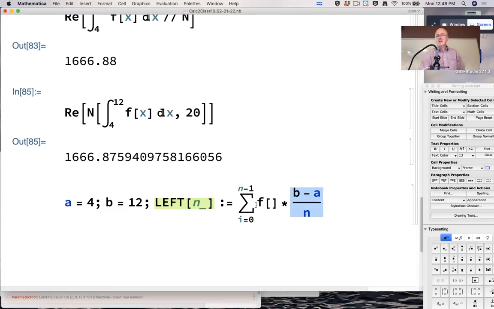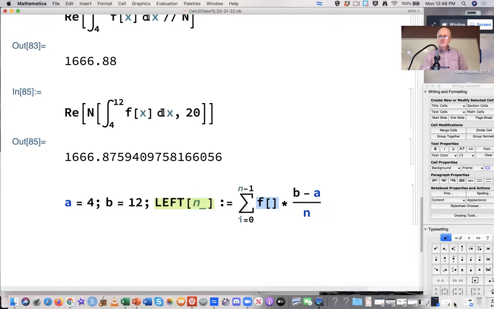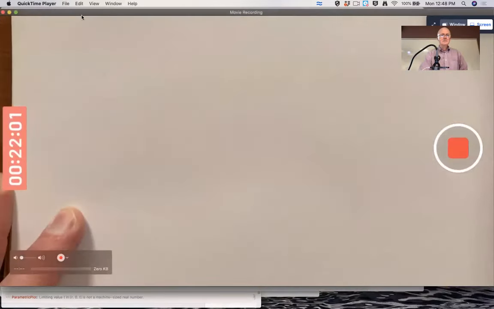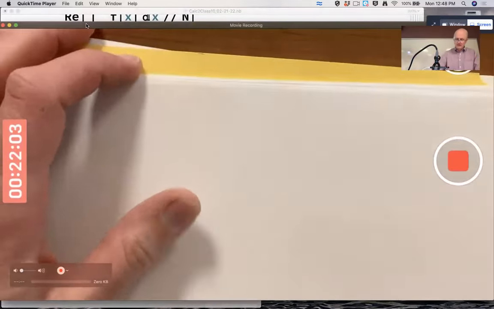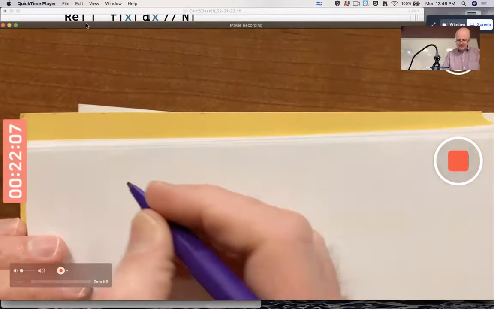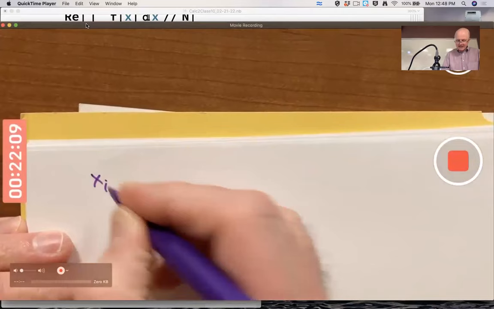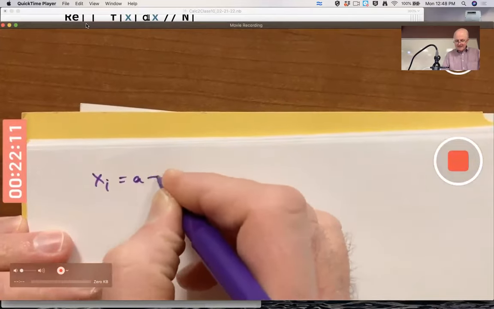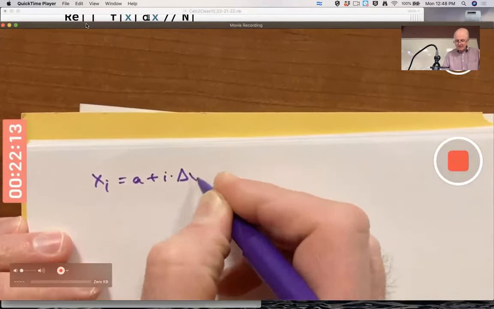When I plug numbers into the function, that determines the heights of the rectangles. What number do I plug into the function? When I wrote it by hand, I wrote t sub i when the variable is t, or x sub i when the variable is x, equals a plus i times delta x.